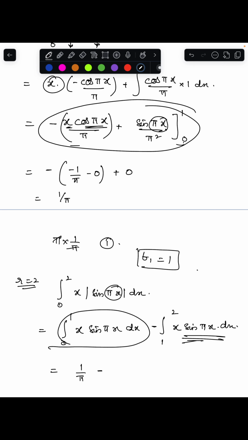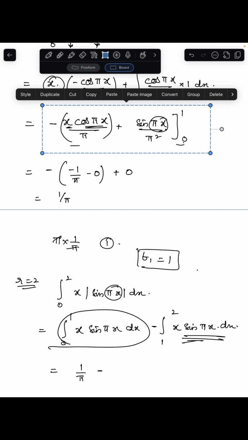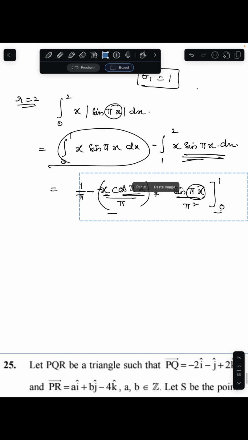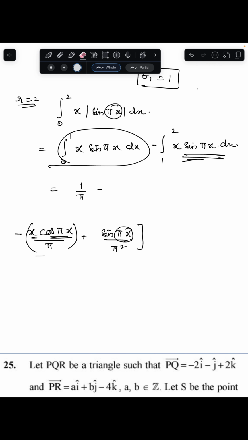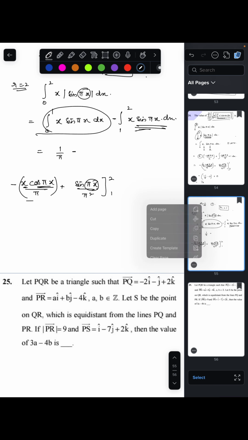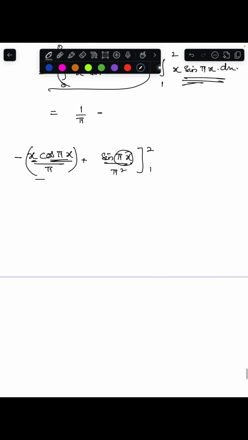So I am considering the same thing here. Now the limits are 2 to 1. Okay. If I am applying the limits 2 to 1, if I apply 2, minus of 2 into cos 2 pi, that is 1, gives minus 2 by pi, minus of, if I apply 1, minus of minus 1, that means plus 1 by pi, right?